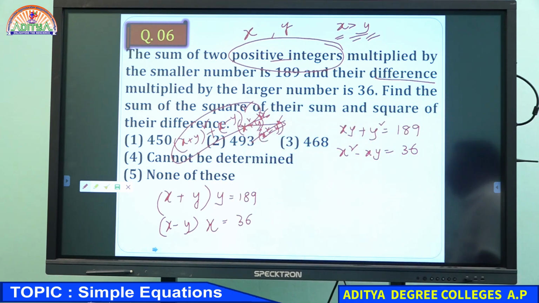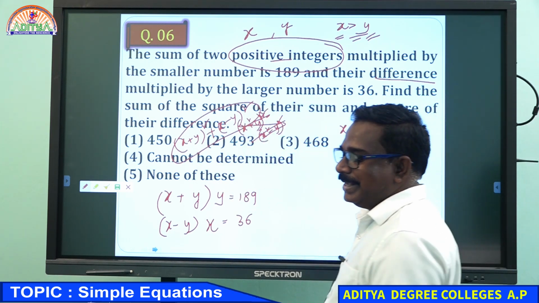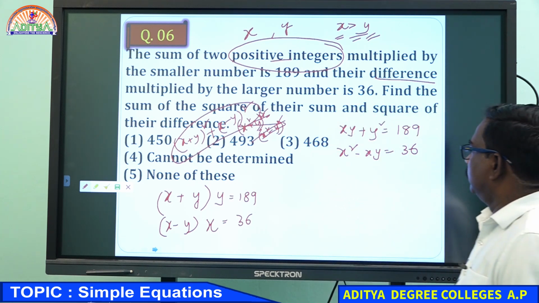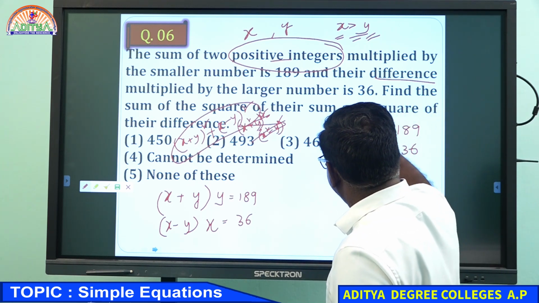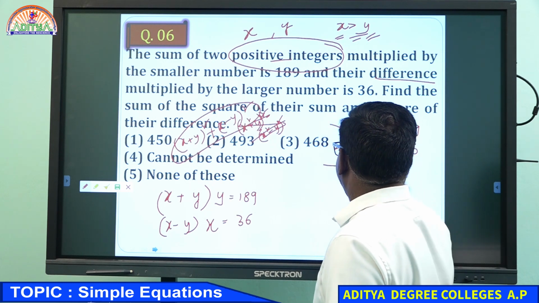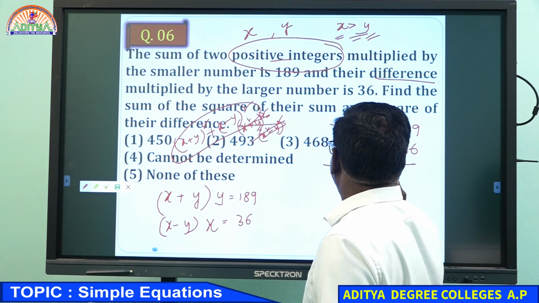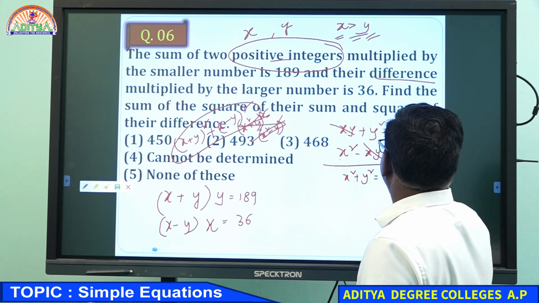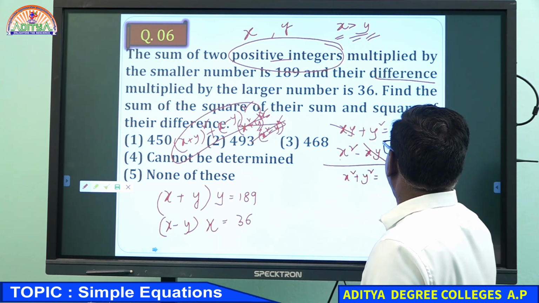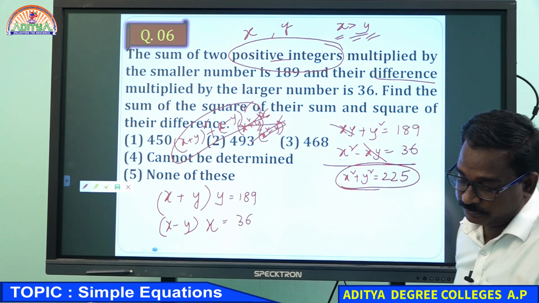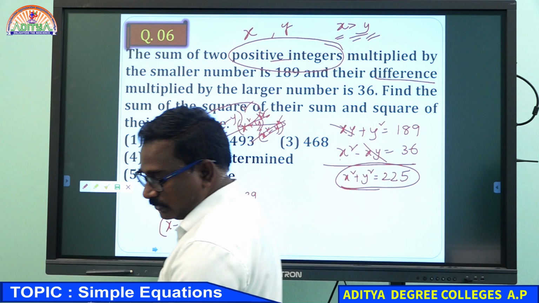A little difficult to think, but a very easy one. See, if we add these two, xy plus xy minus xy cancelled, what is remaining? x square plus y square is remaining. x square plus y square equals 225. This we got.